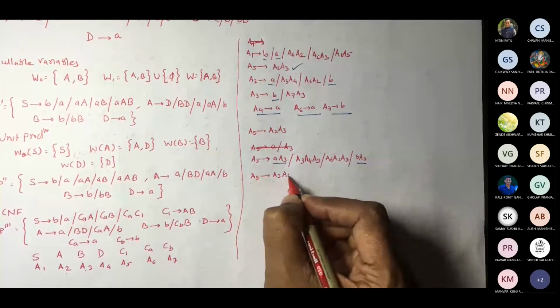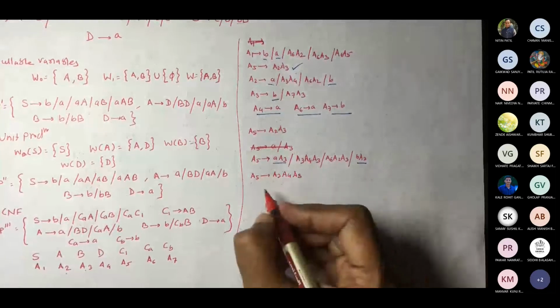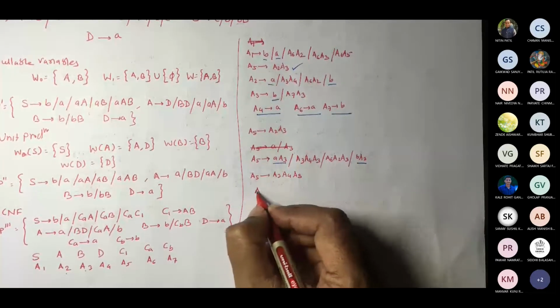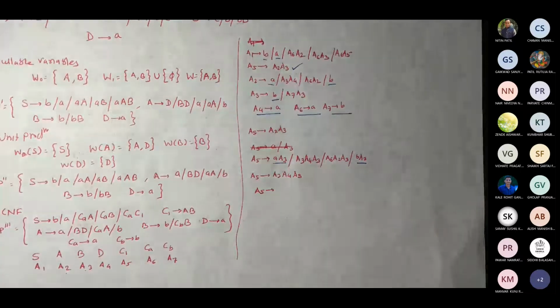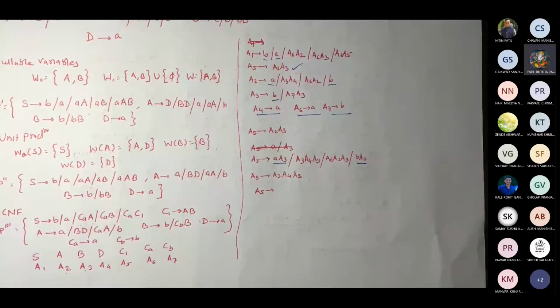How many values are there for A3? Two values. What are they? A3 gives B and A3 gives A7, A3.